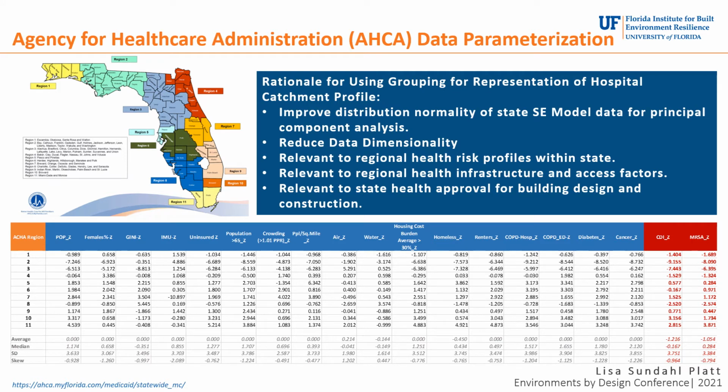The rationale for using grouping of representation of hospital catchment profile was to improve distribution normality of the socio-ecological model data for principal component analysis, reduce data dimensionality, ensure that they were relevant to regional health profiles within the state, ensure the data was relevant to regional health infrastructure and access factors, and ensure the data was relevant to state health approval for building design and construction. The resulting socio-ecological statistics within the data frame were compiled by AHCA Region 3 counties, evaluated based on their distribution to ensure normality, and standardized prior to analysis.